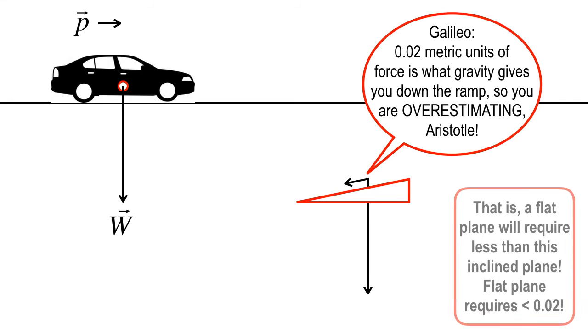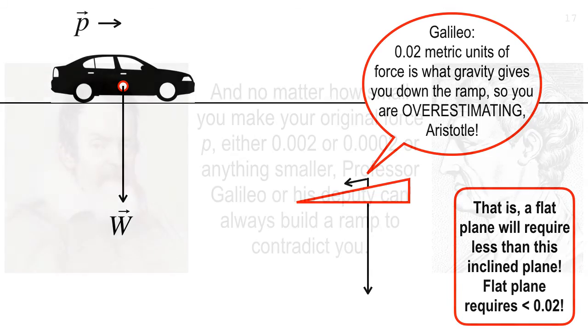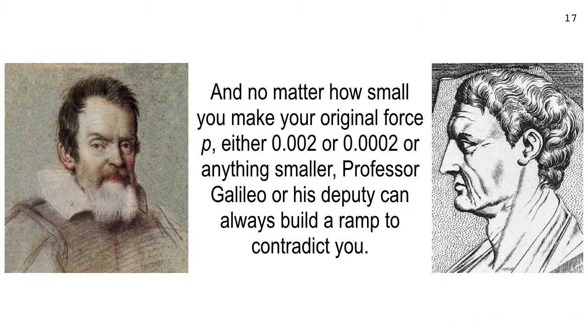And here's another way to write it. A flat plane will require less than this inclined plane. Even if it does require some force, it's going to be less than 0.02. And here's the kicker. No matter how small you make that original push force, Galileo or his deputy can always make a ramp to contradict you.